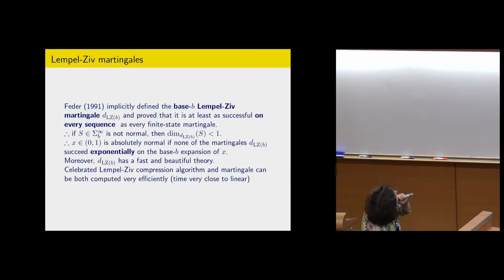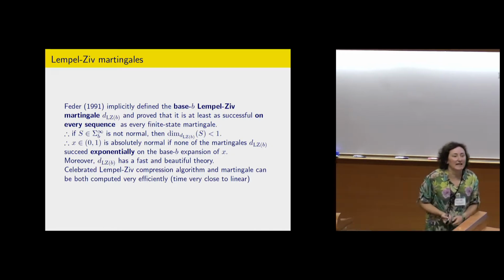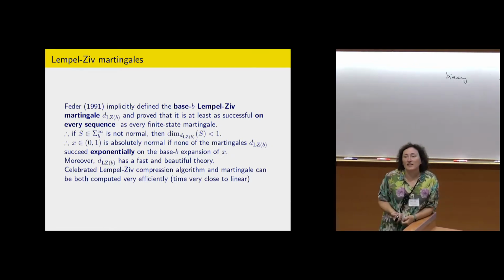I'm going to skip the details of Lempel-Ziv. I may mention something, but just to tell you that the Lempel-Ziv martingale is as good as any finite-state martingale, not only in the success way, but also in the growth rate.